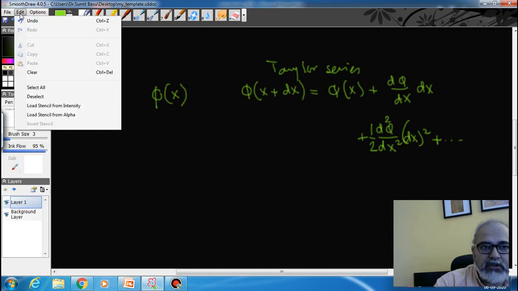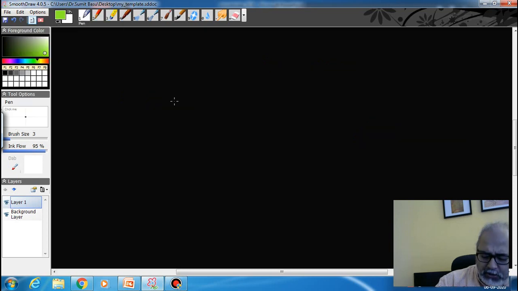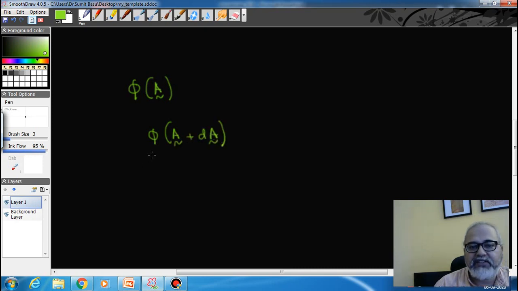Now we have phi of a second order tensor, a scalar valued function of a second order tensor, and we want to write phi of A plus dA. So I have changed A by a small amount, and I need to know how much phi changes. So I'll write this in the Taylor series.